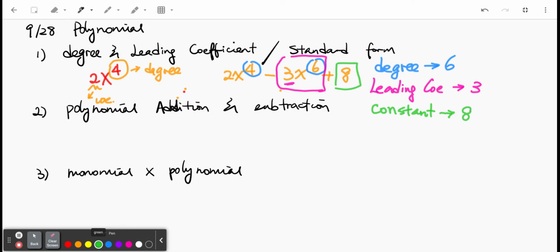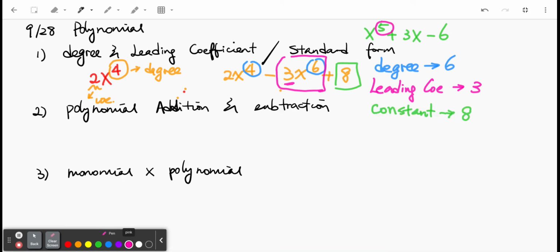Another example, we have x to the power 5 plus 3x minus 6. Here, the degree of the whole expression is 5.